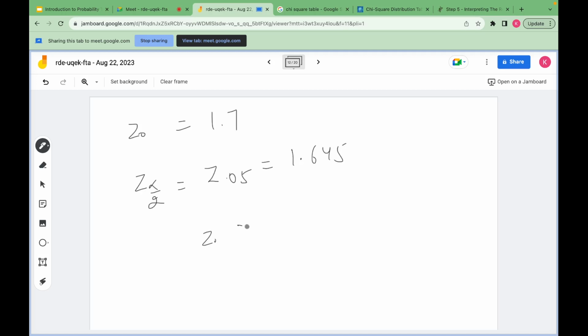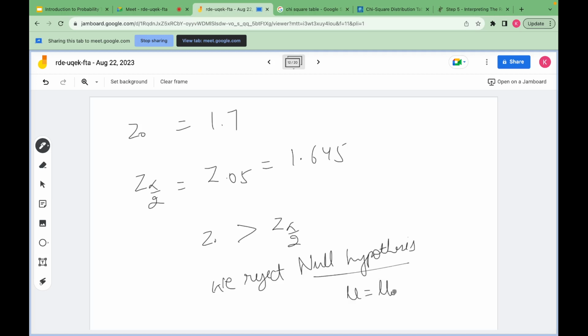So this z0 is greater than z alpha by 2, so we reject the null hypothesis. What was the null hypothesis? That mu is equal to mu naught, equal to 2. So this is wrong. We reject because the z0 value is greater than z alpha by 2.